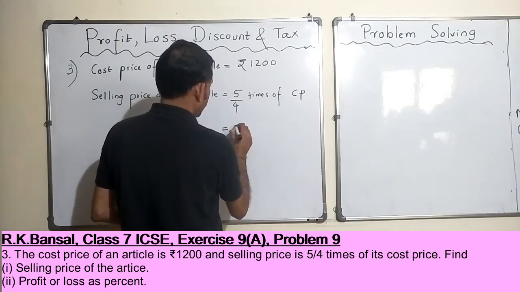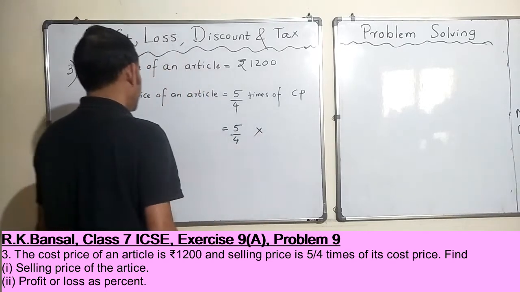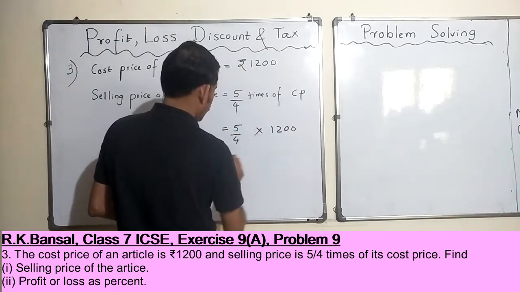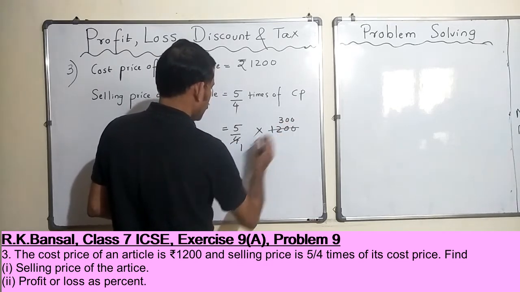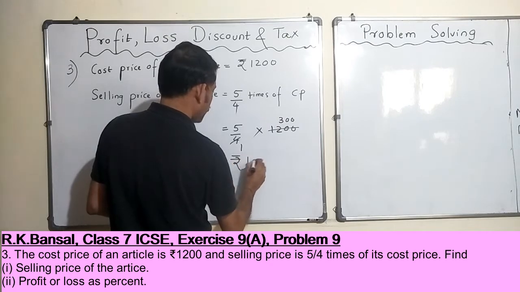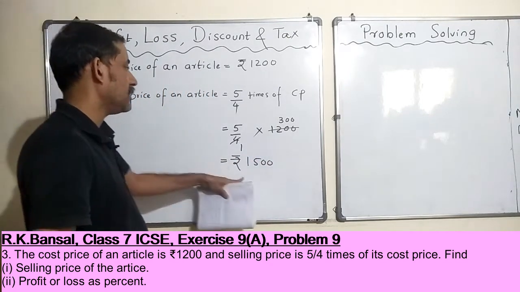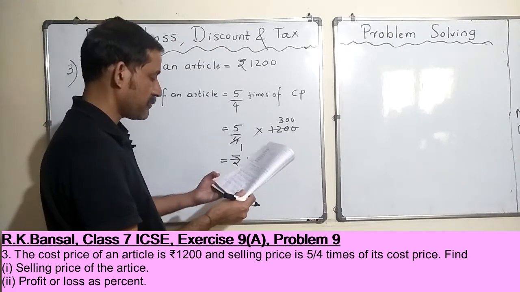Now 5/4 of becomes multiplied, CP is 1200, correct, no? So now that becomes 4 1s are 4, 4 300s are, so it's rupees 1500. So the selling price of the article is 1500, okay. The very first part we are done. What is the selling price of the article?